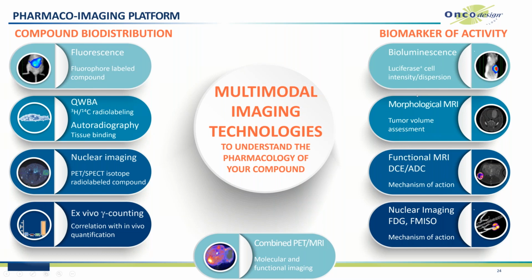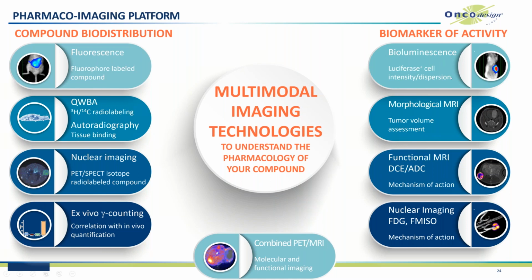So I already talked about morphological MRI or functional MRI. We can also use bioluminescent imaging that will complete the information from MRI, in particular when you have disseminated tumor models that cannot be followed by MRI.